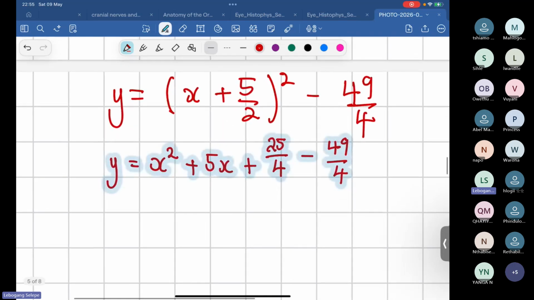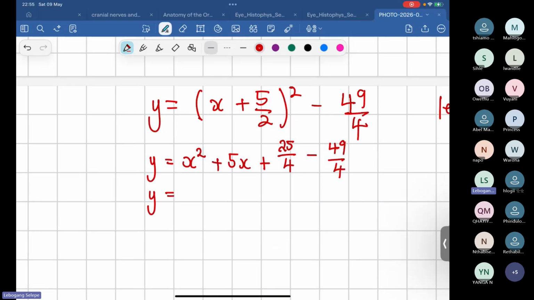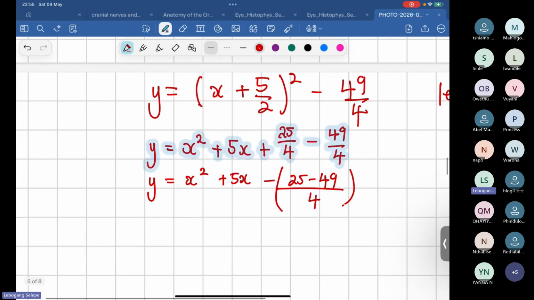5 over 2 squared, that's 25 over 4, right? Yes. And then now, this is going to be y equals x squared plus 5x. Then this is going to be 25 minus 49, and then this is going to be over 4 like this.